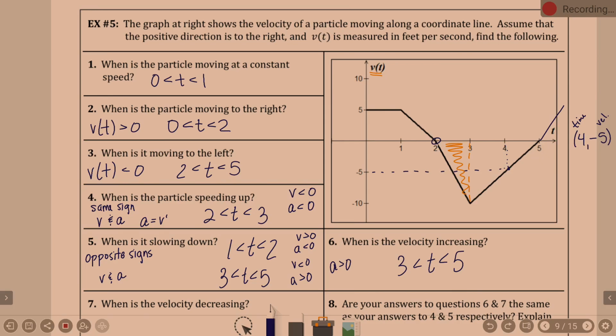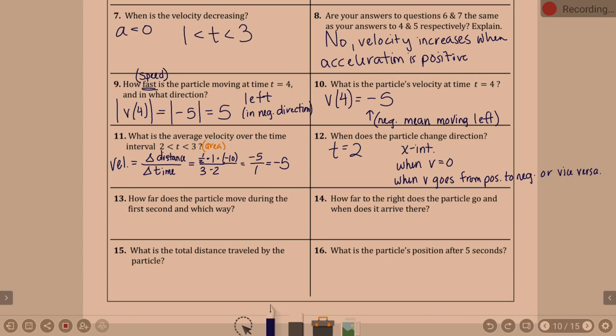That is 5 units of whatever per time. So 1 second, here we're moving 5. It has a constant velocity, so it's 5 feet per second. So technically 5 feet. I don't have labels on any of this, so I just have the 5 there. 5 units right in a positive direction.